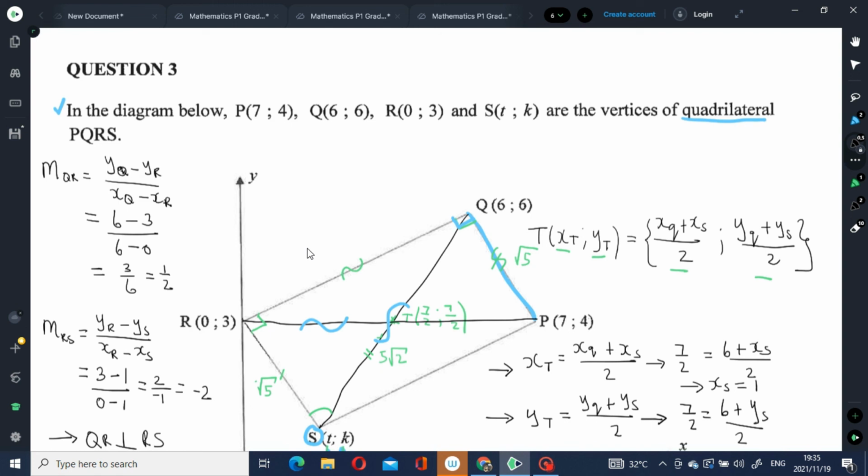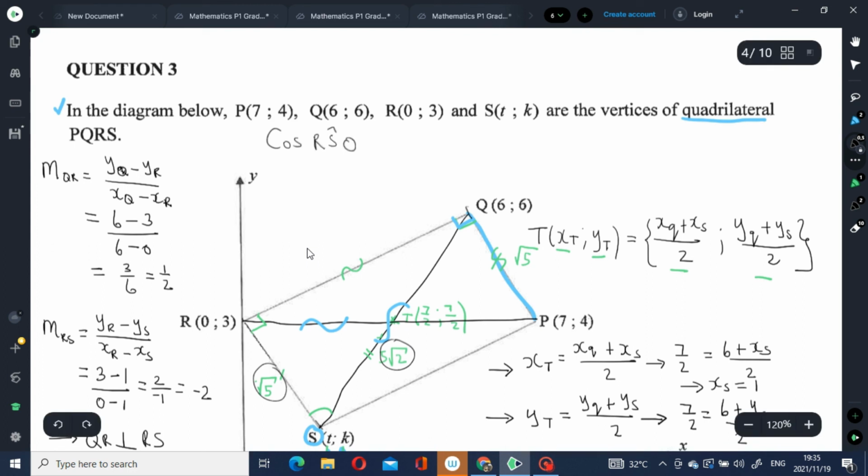So I think we can use the cosine. We can find the cosine of S because we have the adjacent side, which is square root of 5, and we have the hypotenuse, which is 5 square root of 2. So let's use cos of RSQ. Cos of angle RSQ is equal to the adjacent side, square root of 5, divided by the hypotenuse, 5 square root of 2.